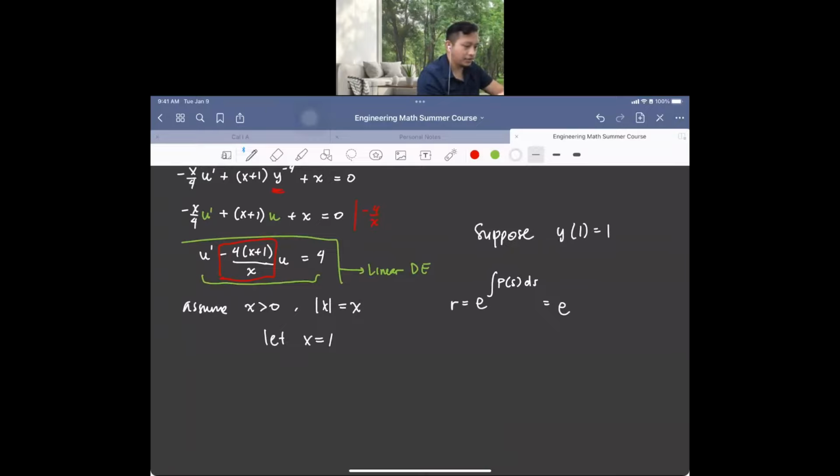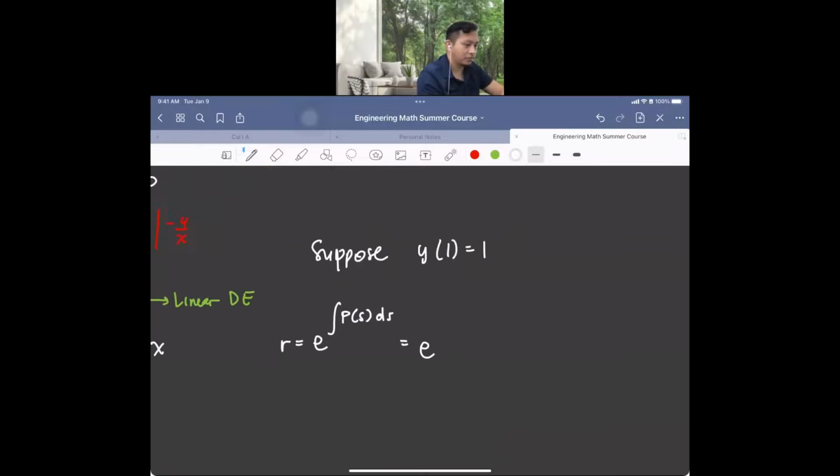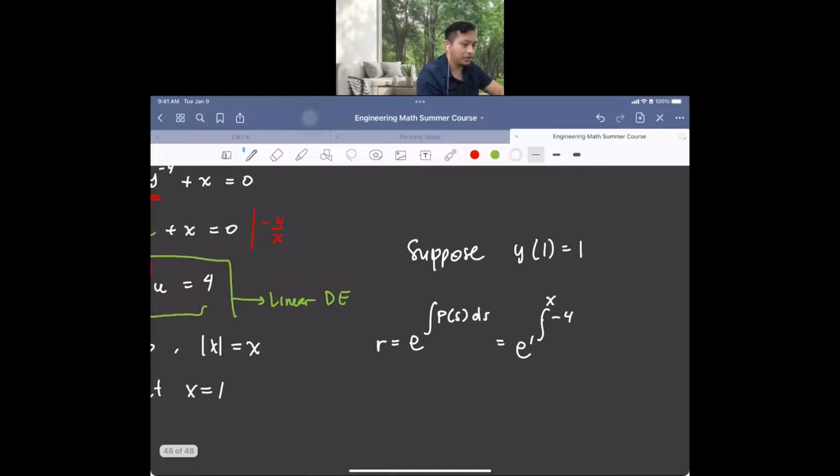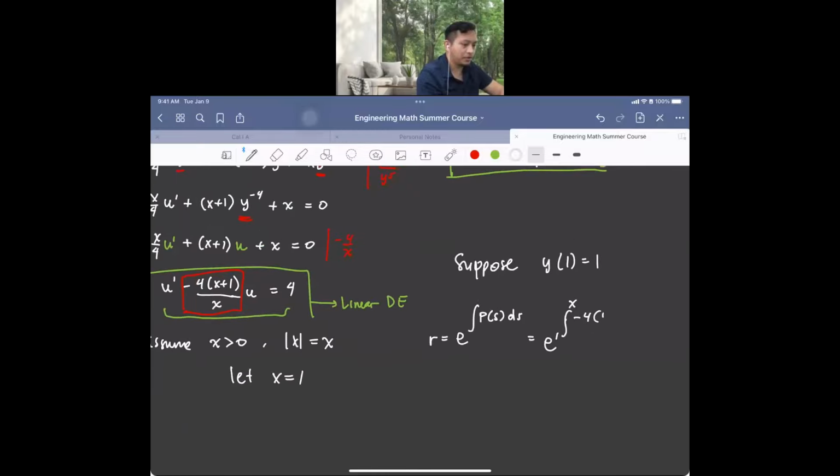We compute the integral from 1 to some x, using a defined integral here, of negative 4 times (s plus 1) divided by s ds.